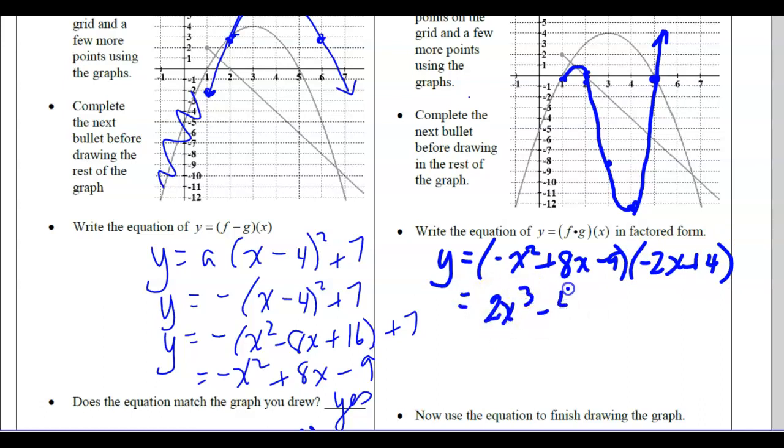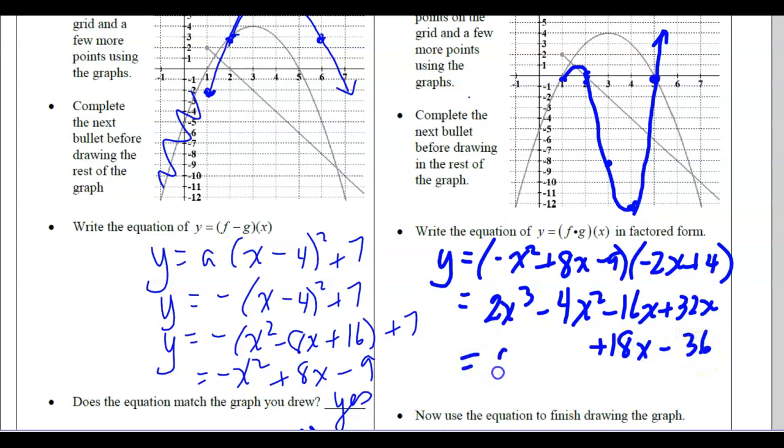Okay, so multiply through, and collect like terms.